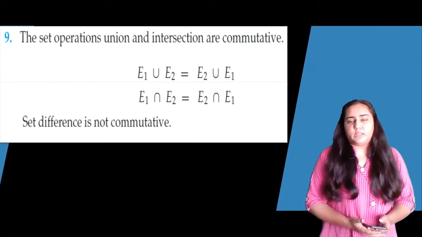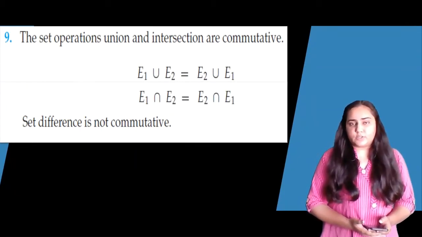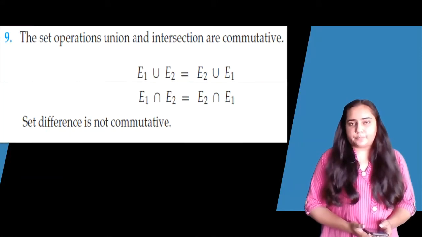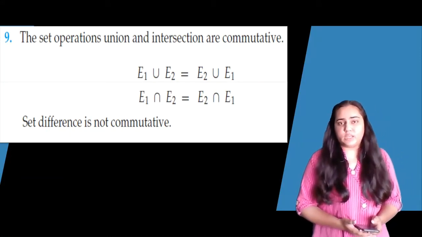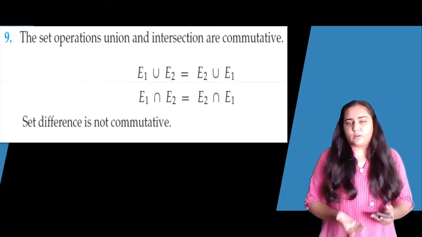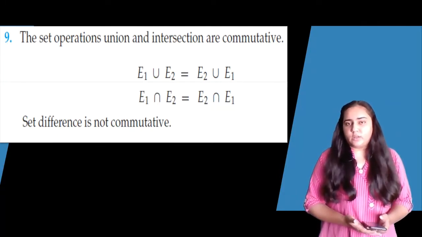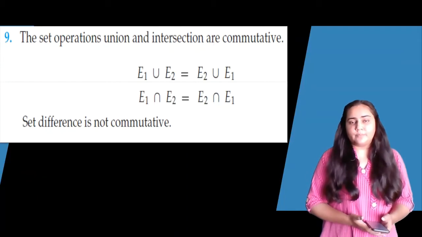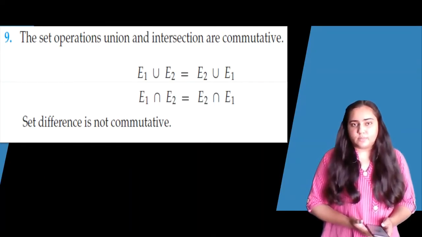So rule number 9 says that set operations, that are union and intersection, are both commutative, which means if you do E1 union E2, where E1 and E2 both are tables, you can also do E2 union E1, giving you the same result. And similarly, if you do E1 intersection E2, you can also do E2 intersection E1, giving you the same result.